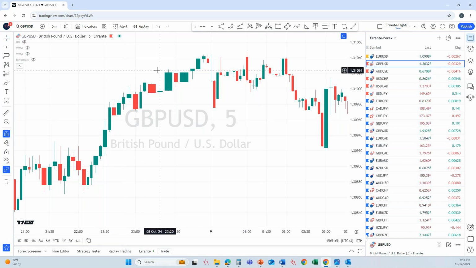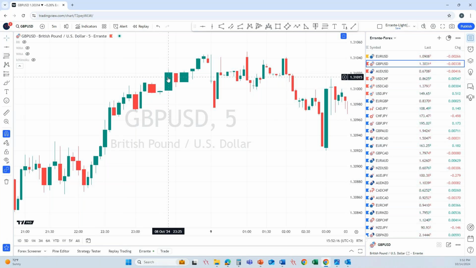For example, you can see here, this is a very large, fat, bullish candle, just near the end of the market session. That's really interesting. It can be a strong indicator of institutional participation or major market activity.